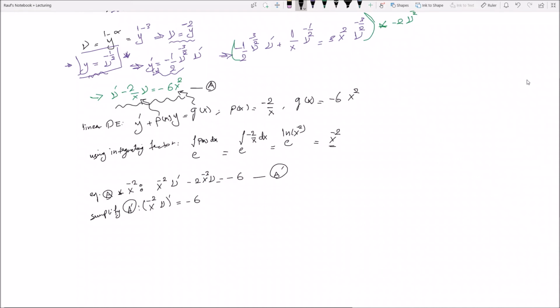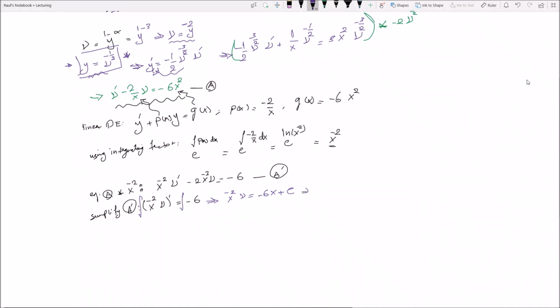Now, after doing the integration for both sides, this will give you x to the power of minus 2 multiplied by nu equals minus 6 multiplied by x plus a constant c.